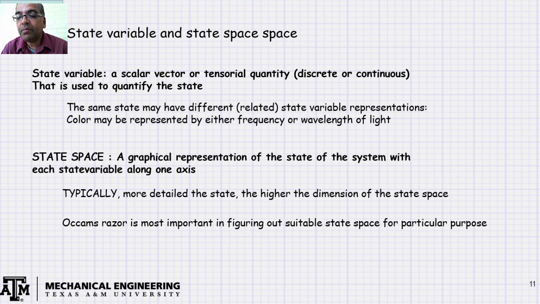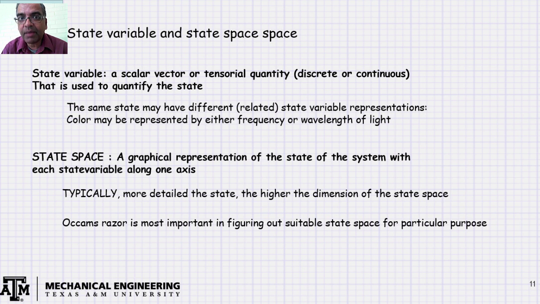The same state may have different related state variable representations. For example, if you look at color, it may be represented either by frequency or wavelength. They are related, but they are two different things. Same way, for a particle, you may think, okay, position and momentum or position and velocity or something like that is what represents the particle, and they are different.